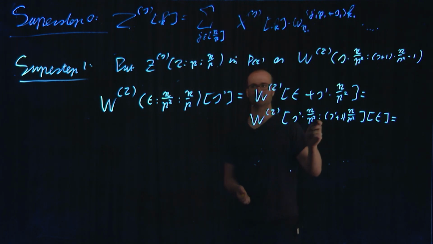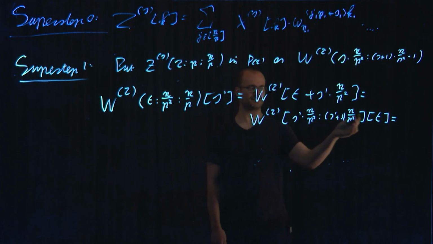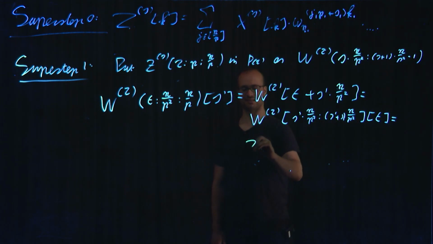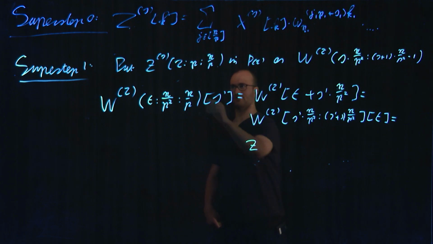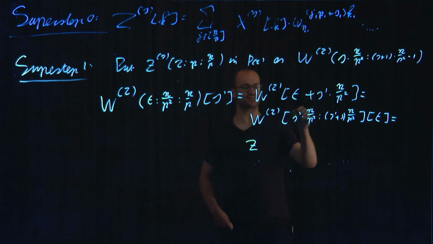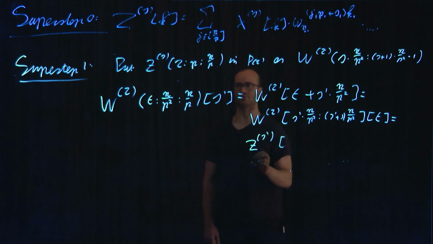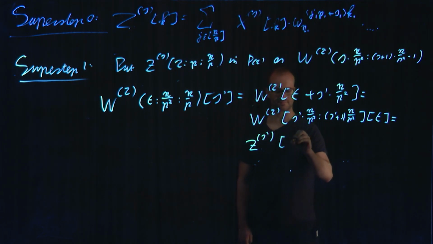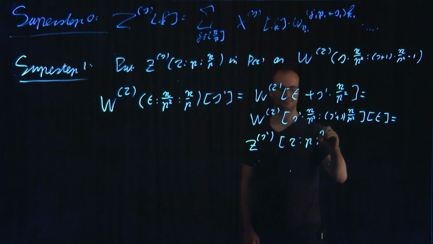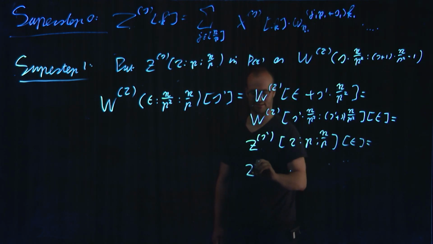So now we are going to use this line over here. So that means that this component is equal to z of, and now our processor index is going to be the s here, so the s prime, of r, p n over p, and then component t, which is in other words equal to z_s prime.